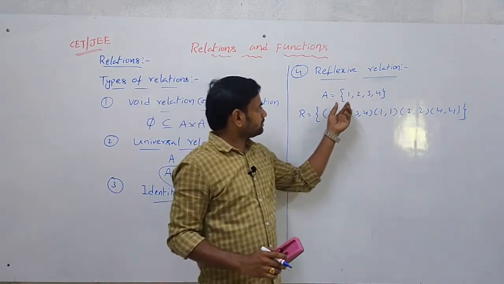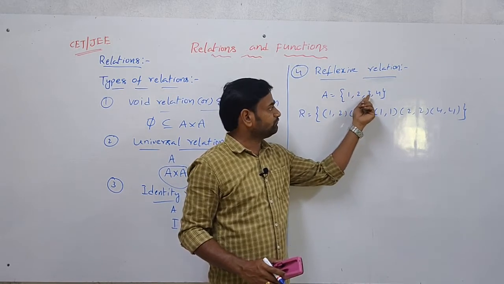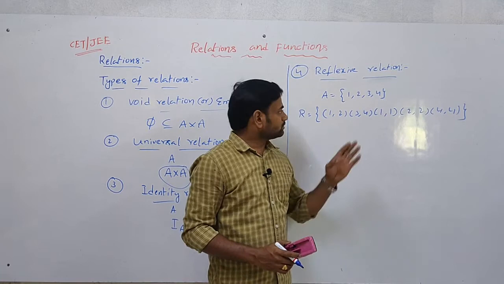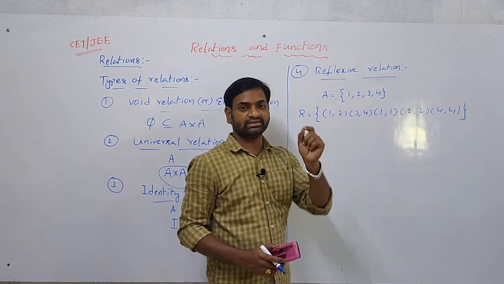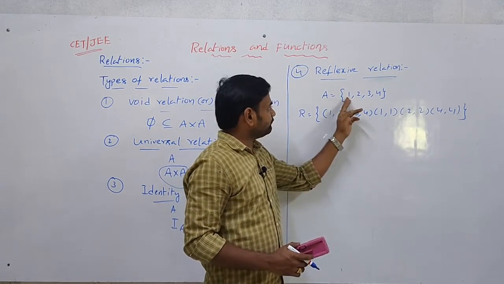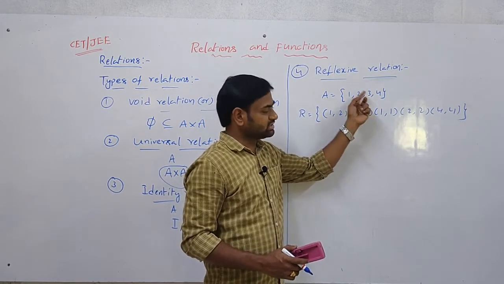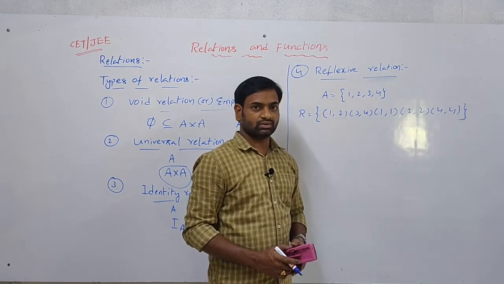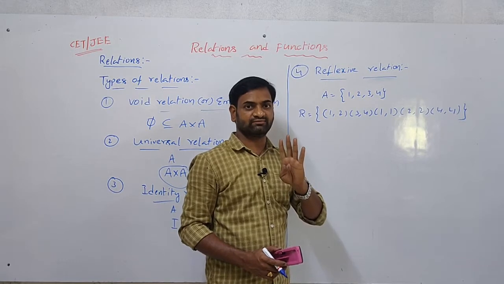Now see, in A which elements do we have? That is 1, 2, 3, 4. These 4 elements we have. For these 4 elements, the ordered pairs should contain the same element: if you have 1 then (1,1), 2 then (2,2), 3 then (3,3), 4 then (4,4). If you have these 4 ordered pairs, then you can say it is reflexive.